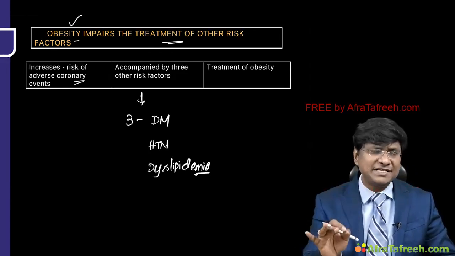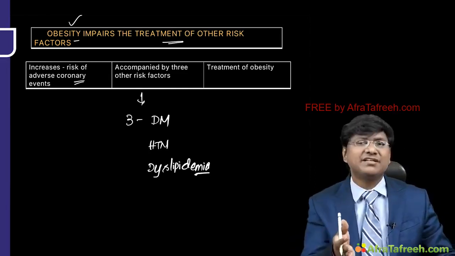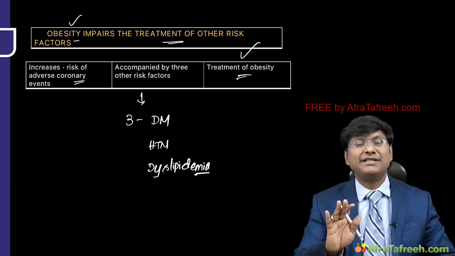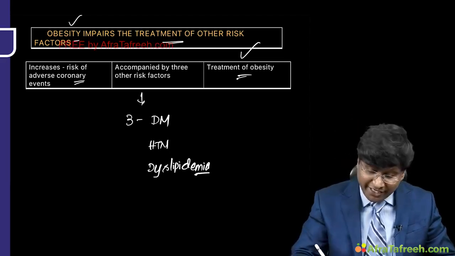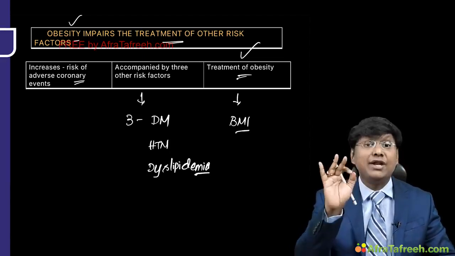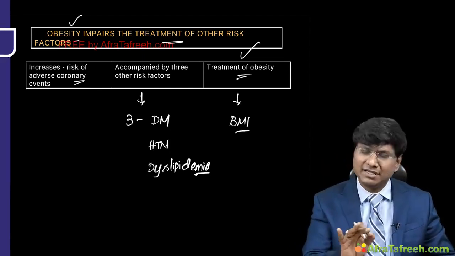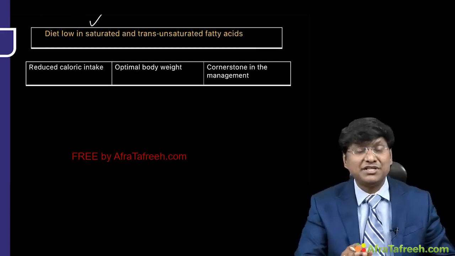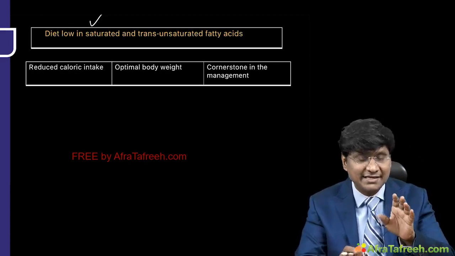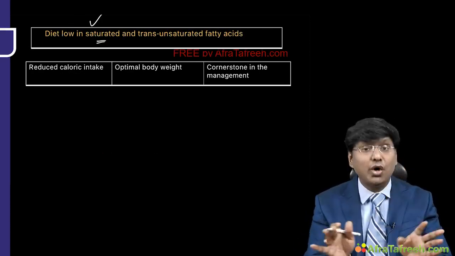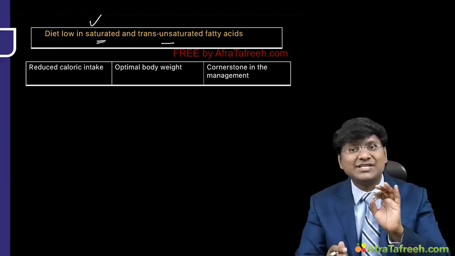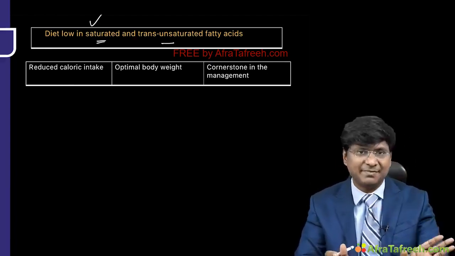And the treatment of obesity and these accompanying risk factors is an important component of the management plan. So you need to see that the individual attains a normal BMI from the morbid obesity. So for that, how should the diet be in patients with ischemic heart disease? A diet low in saturated and trans unsaturated fatty acids should be supplemented.